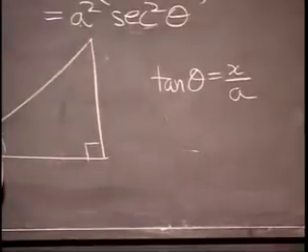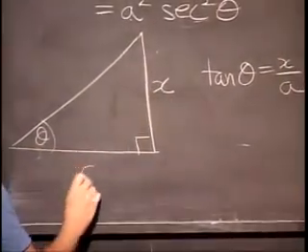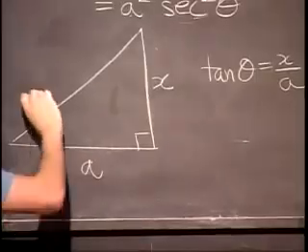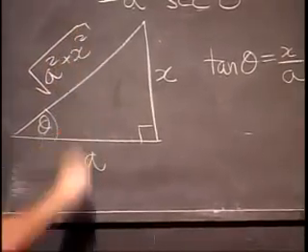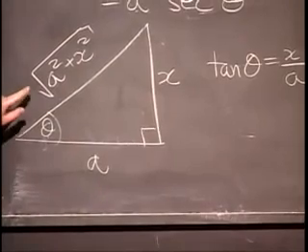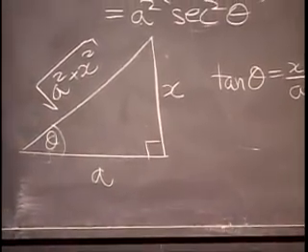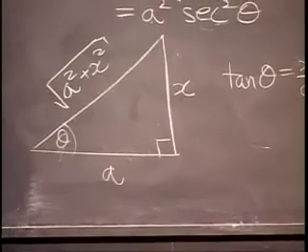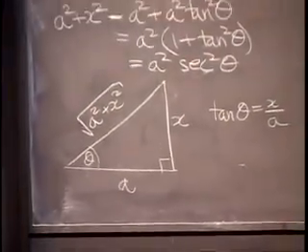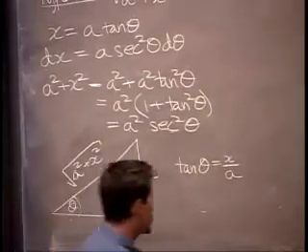And this time, tan is the opposite over the adjacent. So by Pythagoras' theorem, this will be a squared plus x squared. Again, that matches the type. You've made a mistake if it doesn't match. And again, from this, we'll be able to get back from theta land without too much trouble.